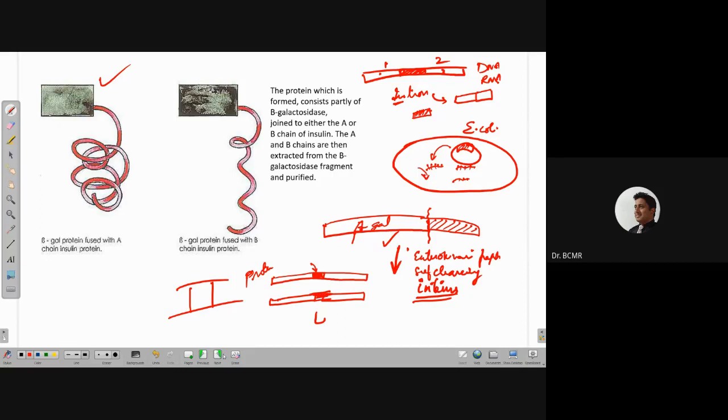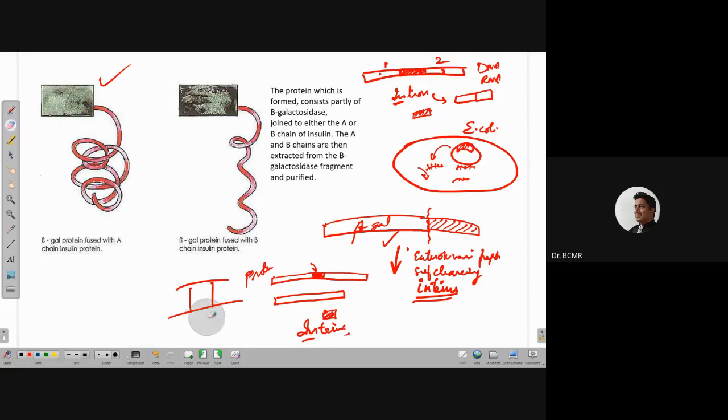Sorry, I will try to erase it. So the mature protein is something like this, and the intein, now they call it intein. In for intervening, tein comes from protein. Inteins can also be used.